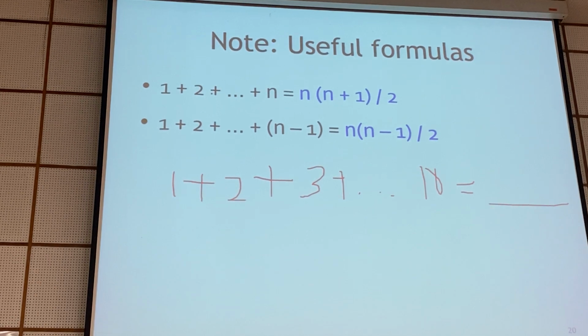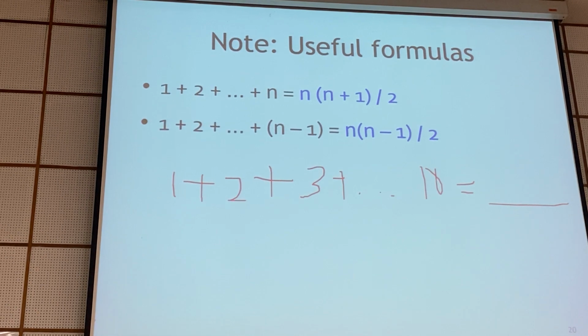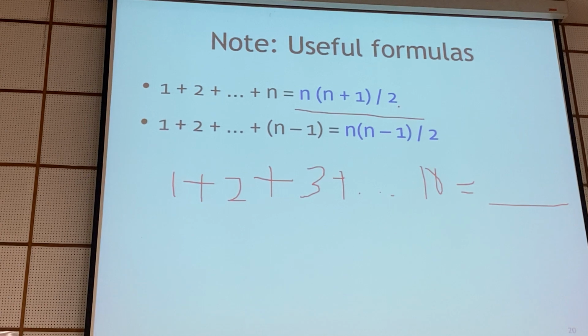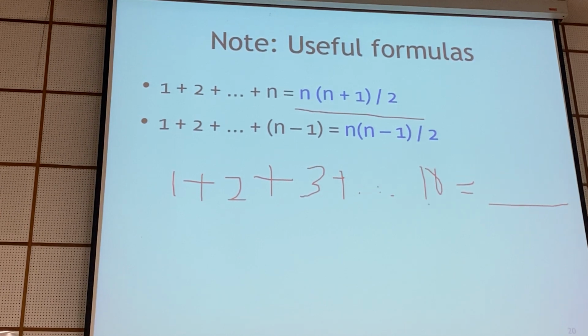Anybody can tell me? 1 plus 2 plus 3 plus 4 plus 5 plus 6 plus 7 plus 8 plus 9. How do you do it? You can use the formula. This is what we call the induction proof of the formula.